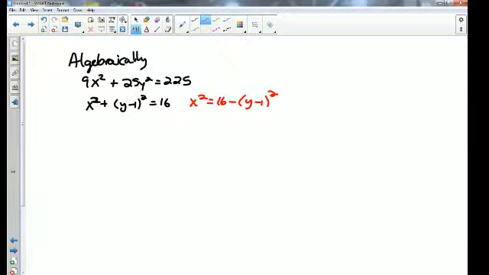Now I'm going to insert that in there. And so I get 9 times 16 minus y minus 1 squared plus 25 y squared equals 220.